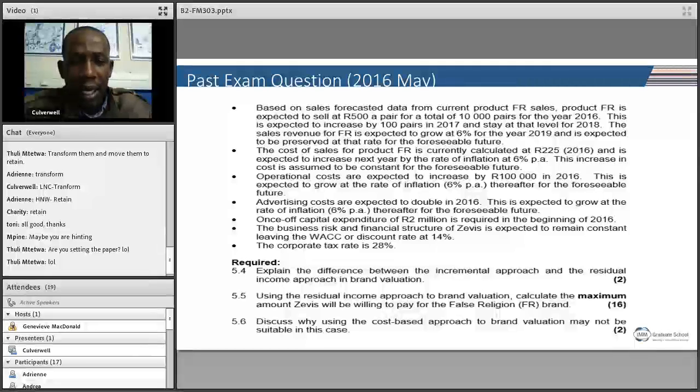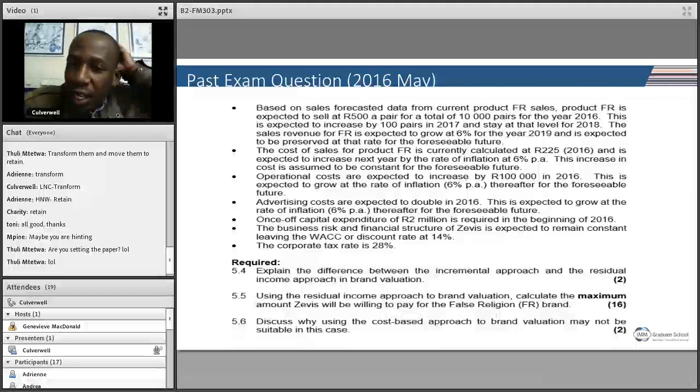I'll read the question. Note number 3, it says, based on sales forecasted data from current product FR sales, product FR is expected to sell at 500 Rand a pair. So a pair of jeans for product FR is 500 Rand.